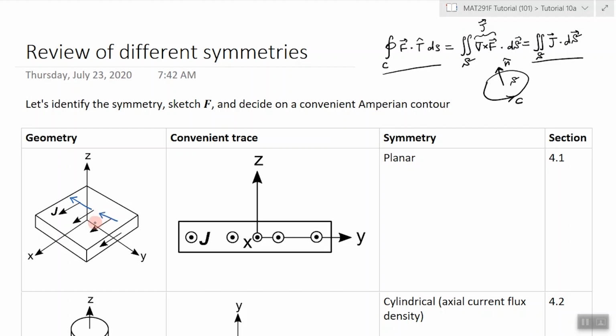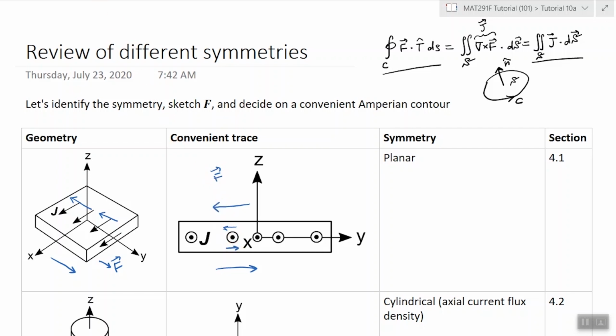You would imagine aligning your thumb to the current and your fingers would curl around this current density, producing the field like this. On a trace, this would look like this. Your F would go in the negative y direction here and positive y direction here. And then inside the contour also something similar will happen, right?